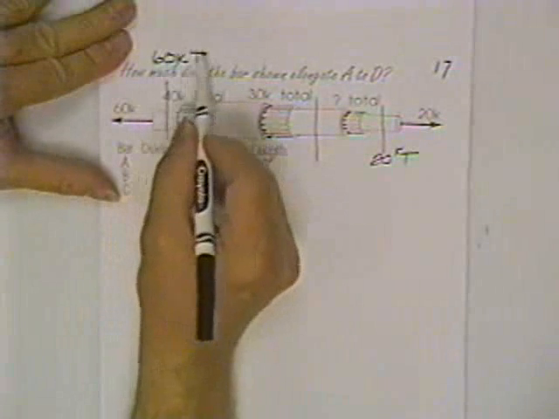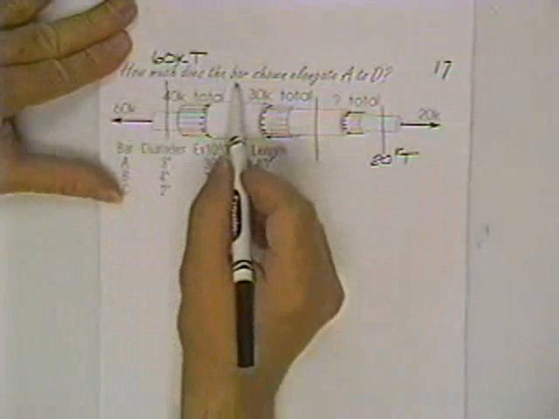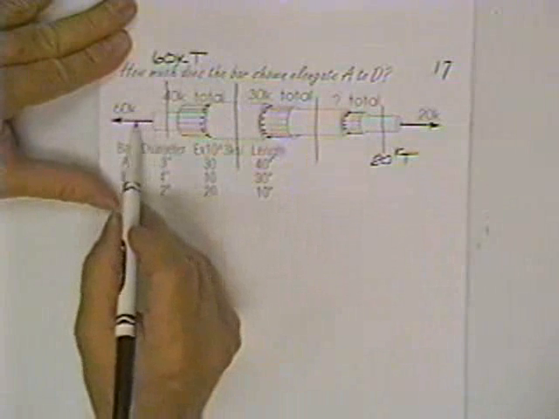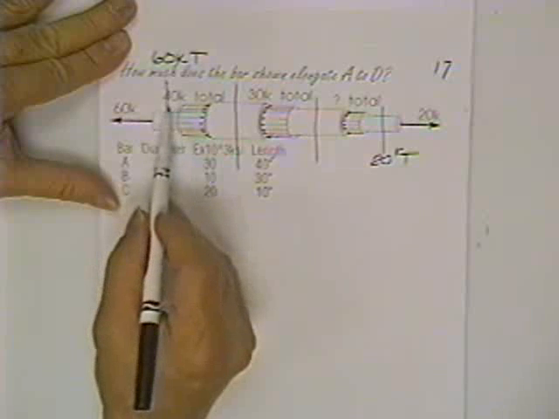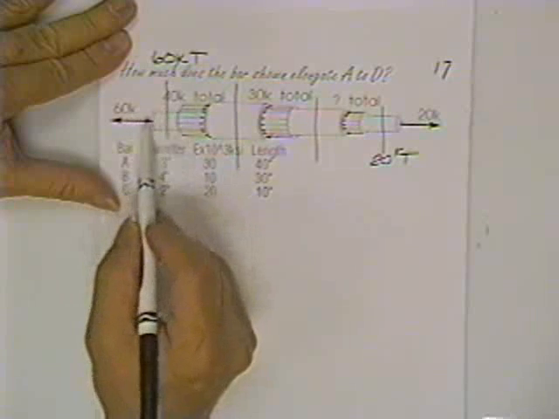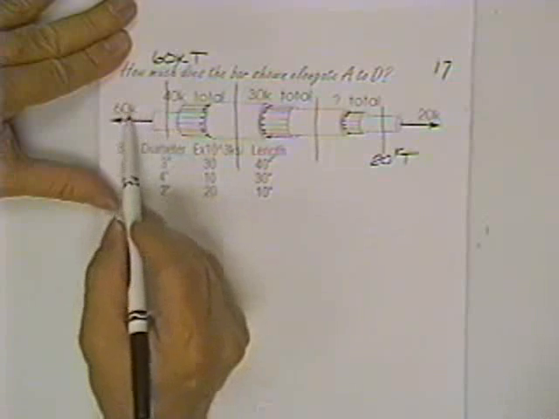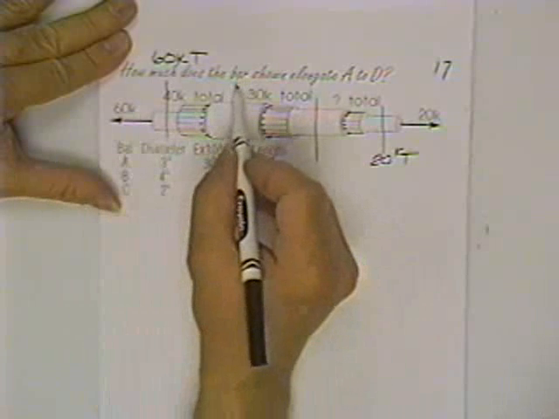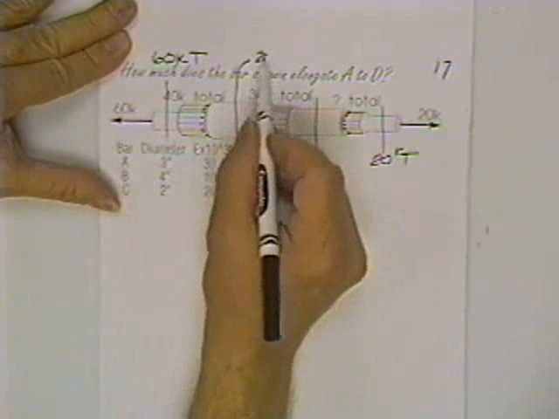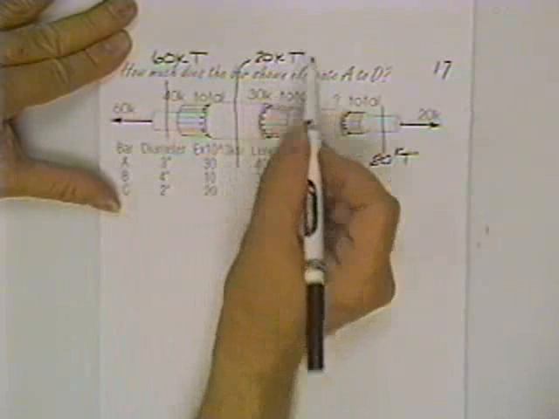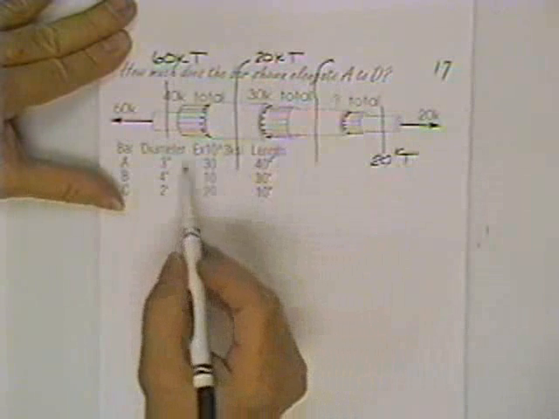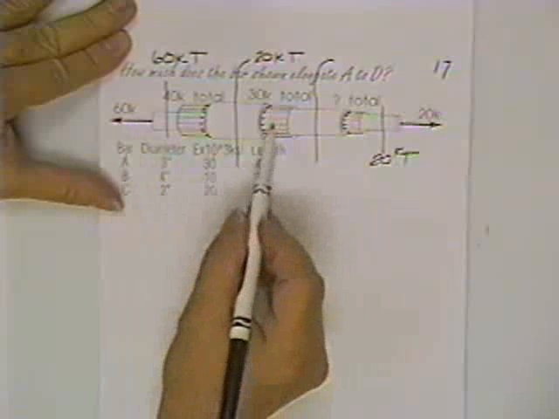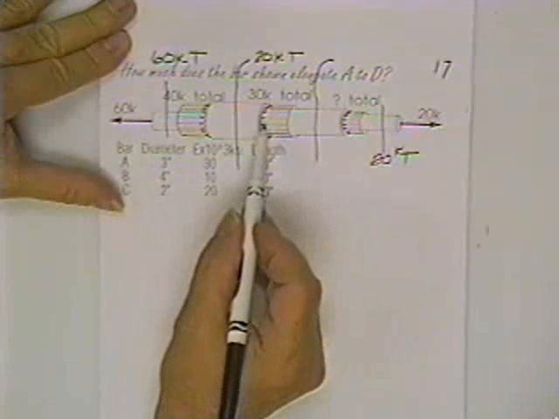60 kips of tension. When I come across here, you'll notice there's 60 kips of load, somewhat balanced by 40 kips of load. The two are fighting each other, but this guy's still winning to the tune of 20, and therefore the load in this piece right here is 20 kips of tension. And now I can come down to this section and I see 60 and 30 pushing to the left.